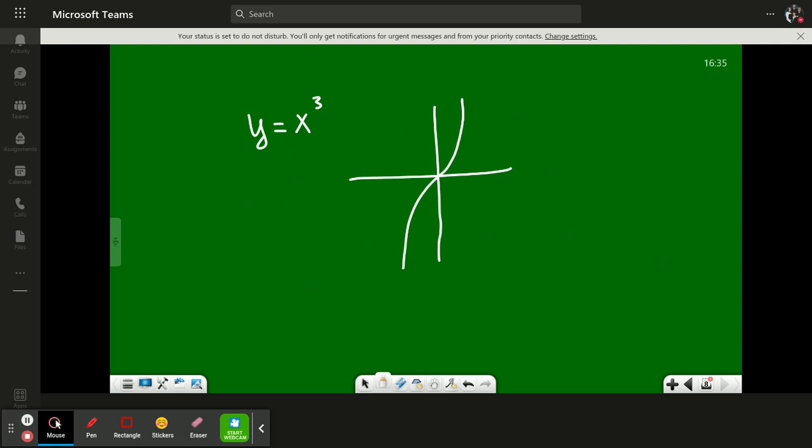So it's going to be a function. It's going to pass my vertical line test. Is it going to pass my horizontal line test? Yeah. So the cubed function is a function, and it is also a one-to-one function. Okay? Got to look at both x and y.